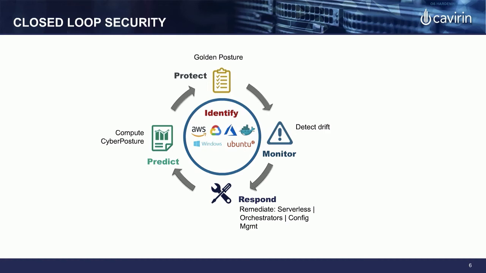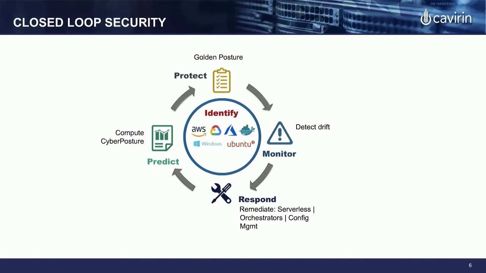Or if you have operating systems that you're trying to harden, there your approach might be based on a config management system like Ansible. And last but not least, if you're using a container environment, you're probably going to be using an orchestrator like Kubernetes to enact your remediation. And finally, as it relates to the changes you're making, you also want to take stock of whether these changes had any effect, right?